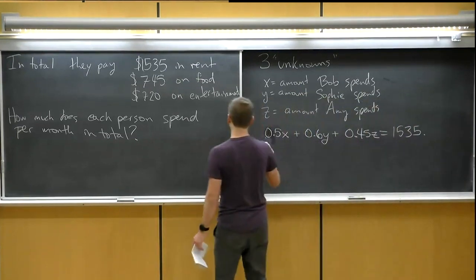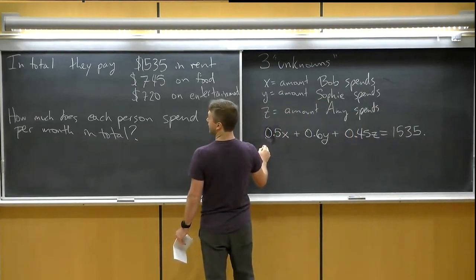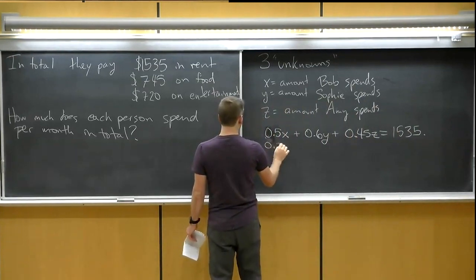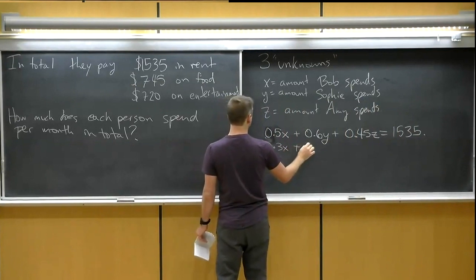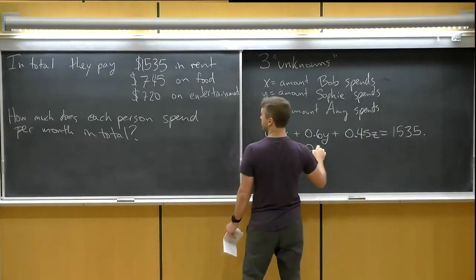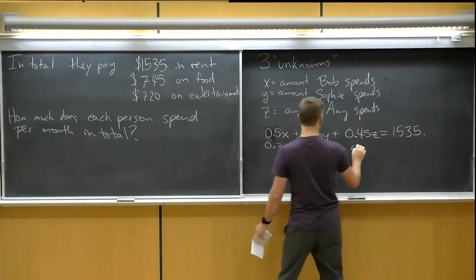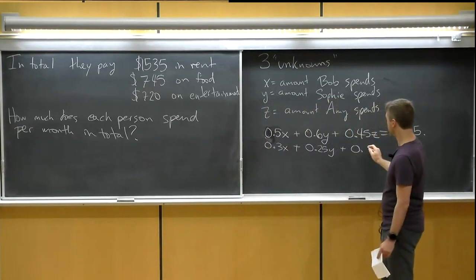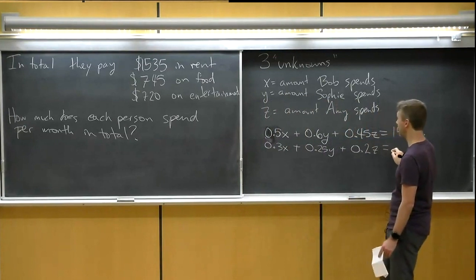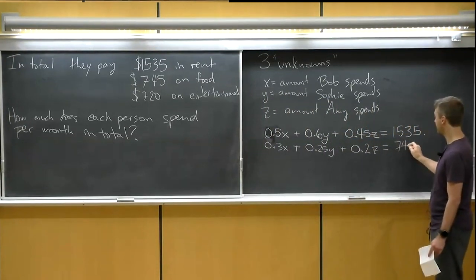And then similarly, you've got 0.3x plus 0.25y plus 0.2z is 745.